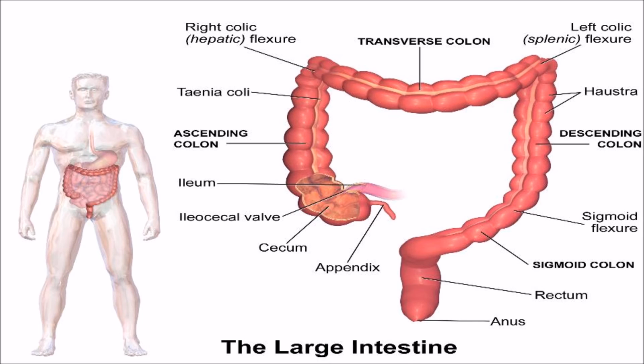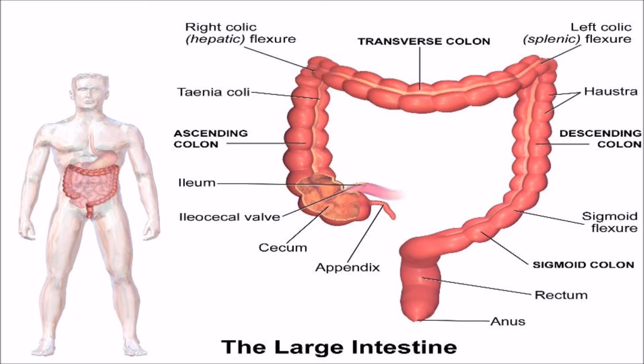The large intestine is divided into a series of connected sections. The cecum is the first section and is connected to the ileum of the small intestine. The cecum contains a small projection called the vermiform appendix. The colon is the second part of the large intestine, and it has several divisions.